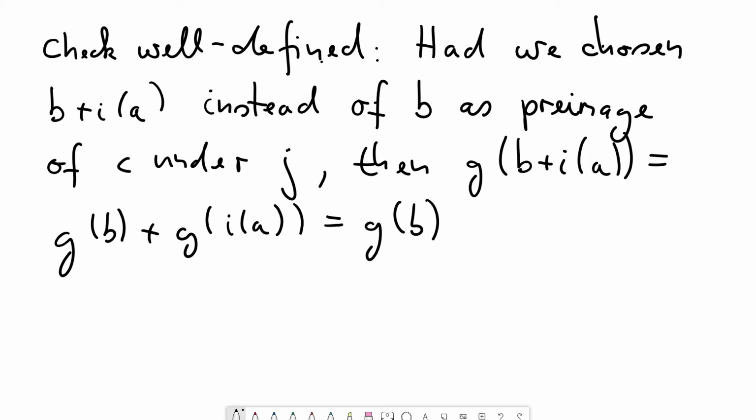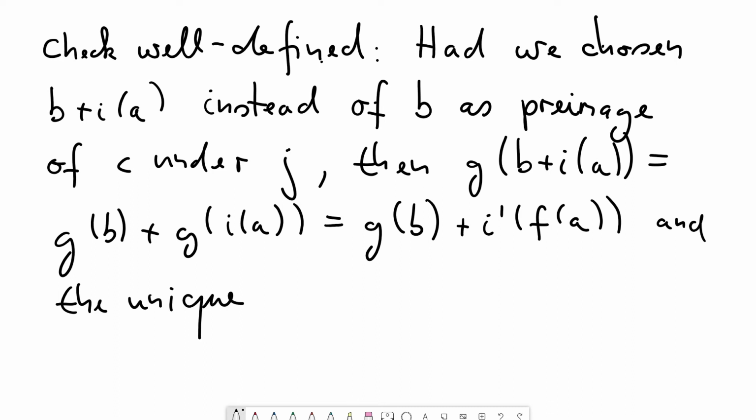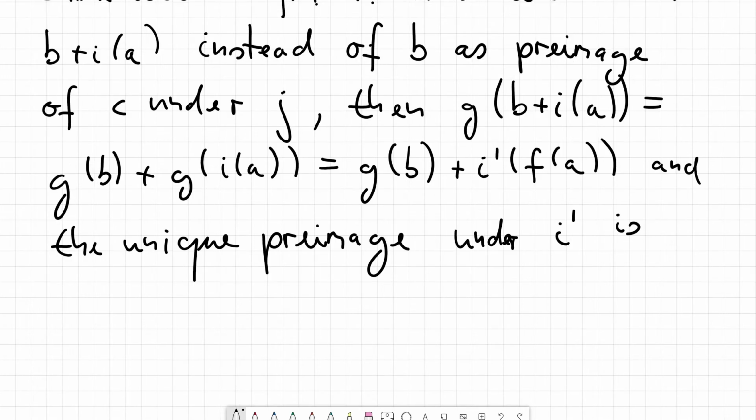G of I of A is the same as I prime of F of A. So this is the calculation, and therefore the unique pre-image under I prime of this G of B plus IA is just A prime plus F of A.